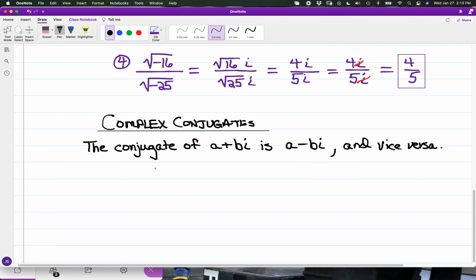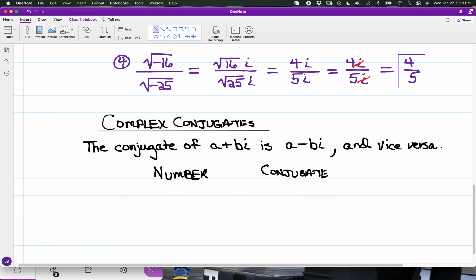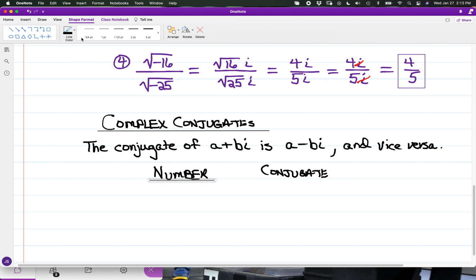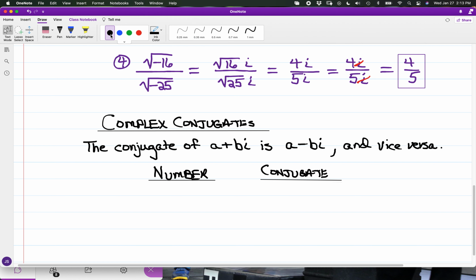And let's say that in the case of categorizing, you have a number and you want to determine what the corresponding conjugate will be.